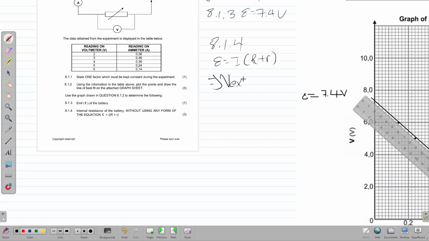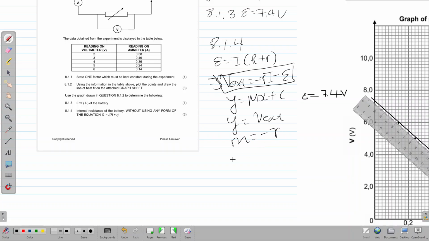Again, you can check the previous videos on this material. I'm not going to use this equation to calculate r. I'm just going to state that this is in the form y equals mx plus c, with y equals V external, m equal to minus r, which is what I'm looking for, and c equal to the EMF.